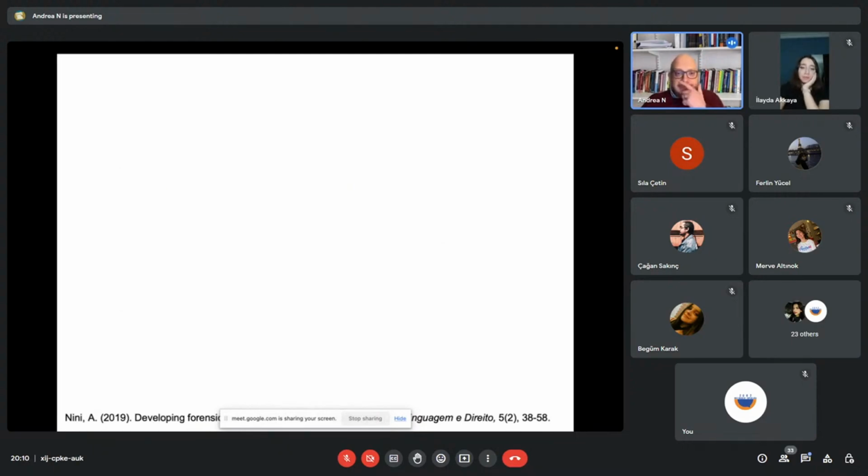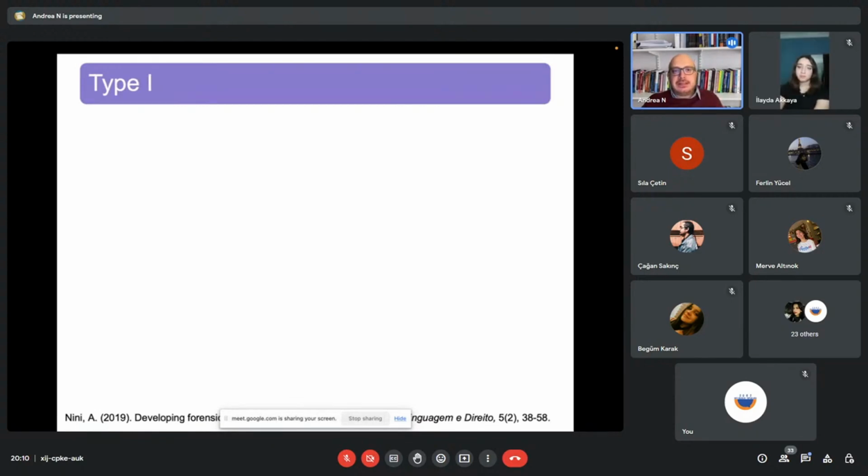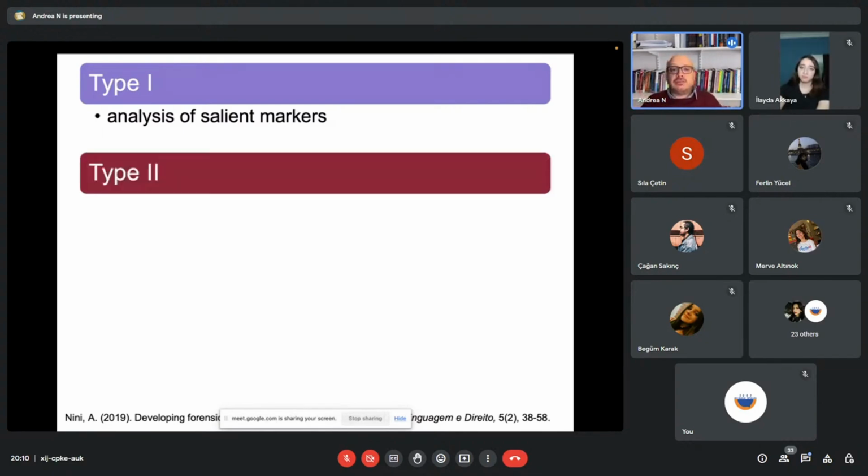As I explained in a recent paper, there are two ways currently to do profiling. A first one is profiling by analysis of salient markers. The linguist scrutinizes the text, and they use their own experience to find clues in it. So it's a way of doing profiling that is heavily reliant on the linguist's expertise and perhaps specialism.